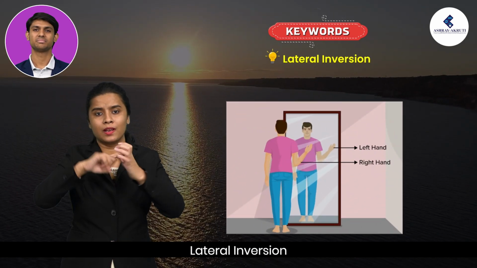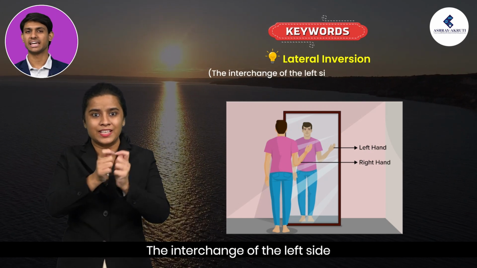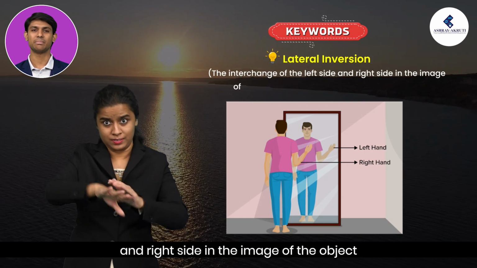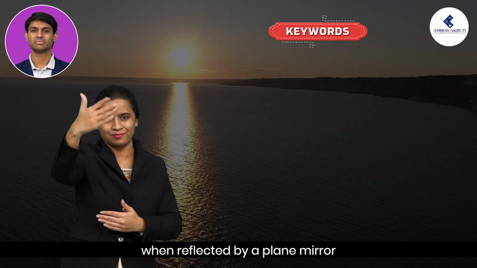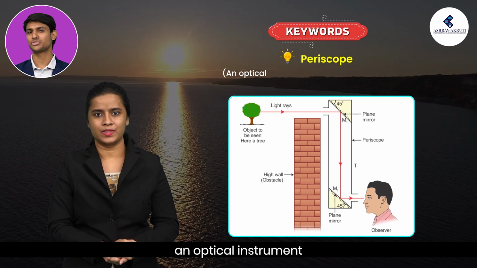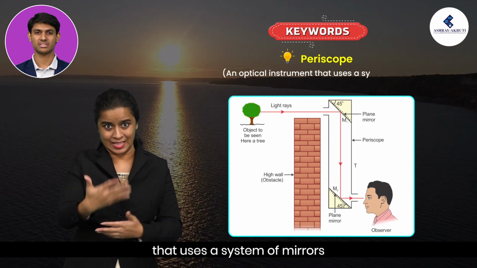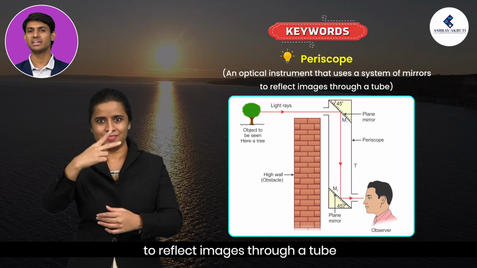Lateral inversion, the interchange of the left side and right side in the image of the object when reflected by a plane mirror. Periscope, an optical instrument that uses a system of mirrors to reflect images through a tube.